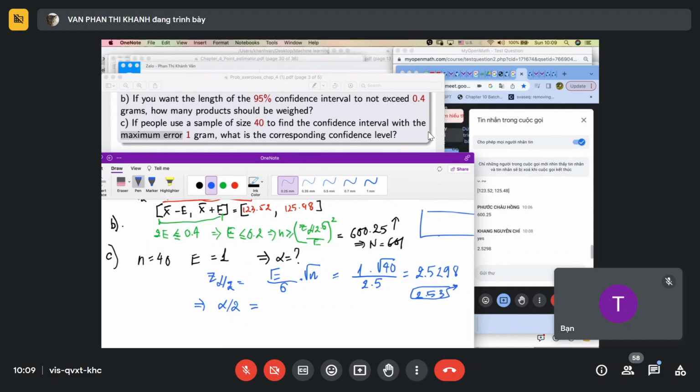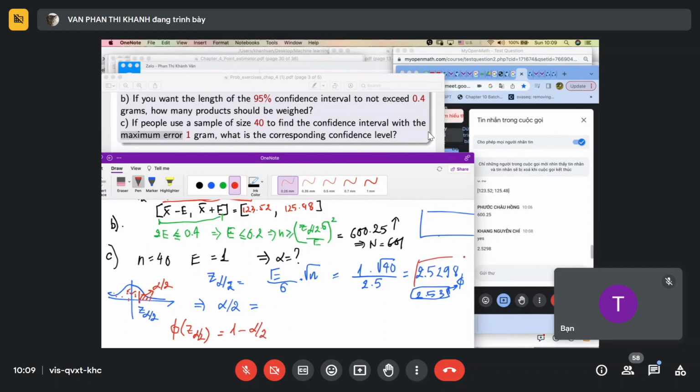And then what is Z alpha over 2? This is the point Z alpha over 2. So this area is alpha over 2. It means that phi of Z alpha over 2, this area, equals what? 1 minus alpha over 2.